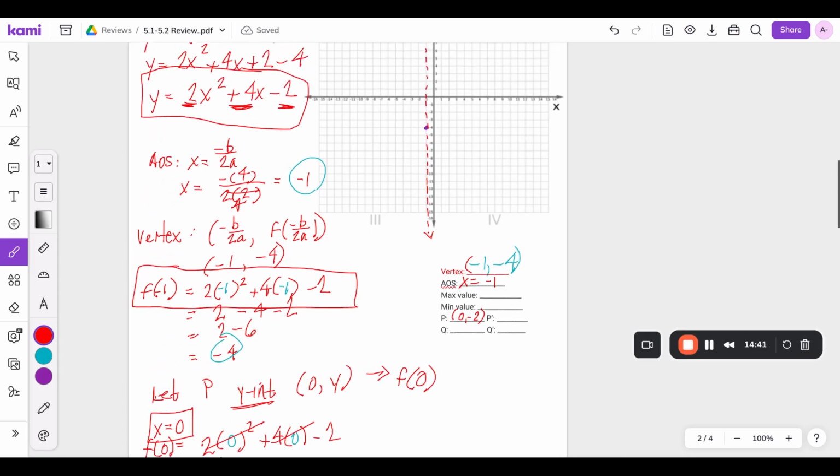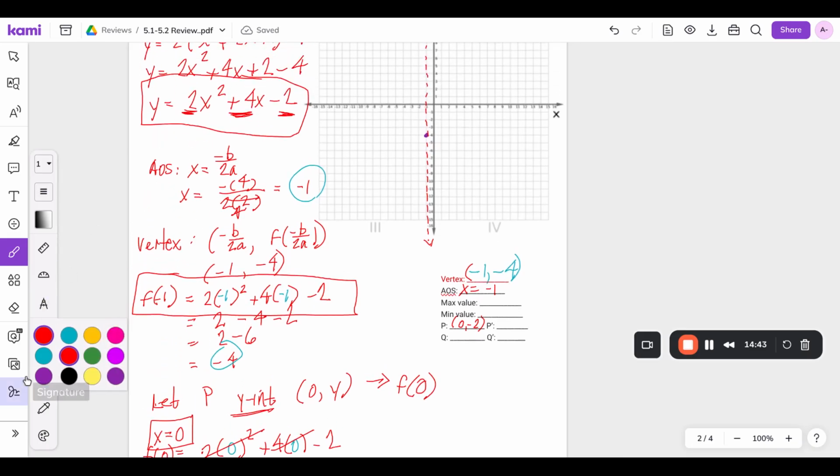All right, we're going to go up to the graph. We're going to plot 0, negative 2. X is 0, y is negative 2. Right there. Just like we did on the problem above, since this point is 1 unit to the right of the axis of symmetry, the corresponding point would be 1 unit to the left of the axis of symmetry. And you're going to put a dot right there.